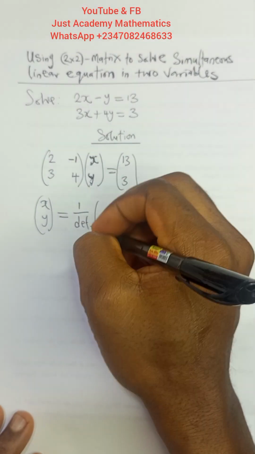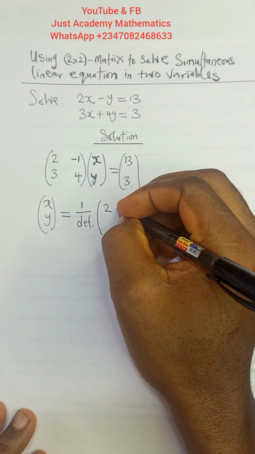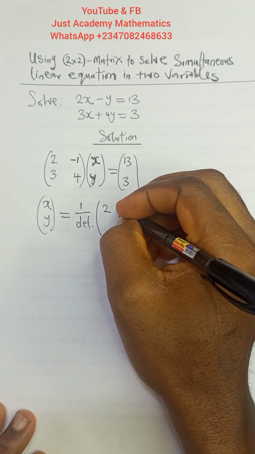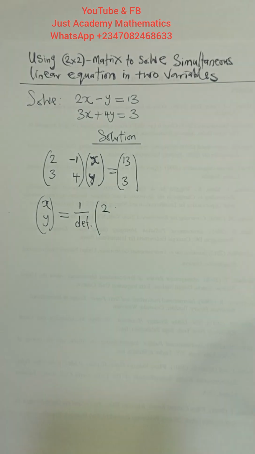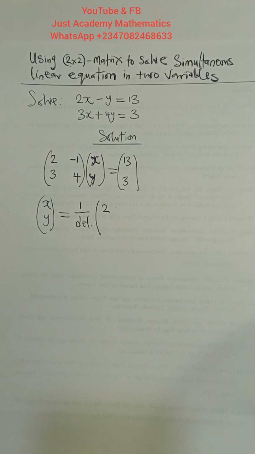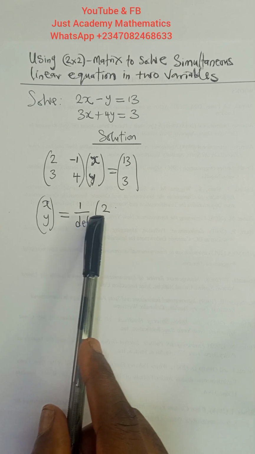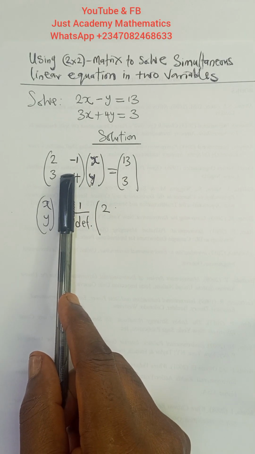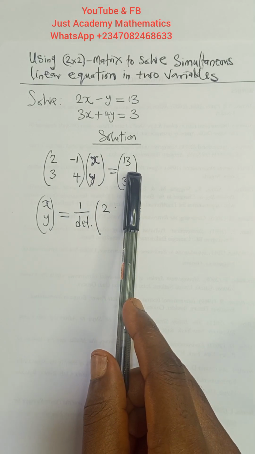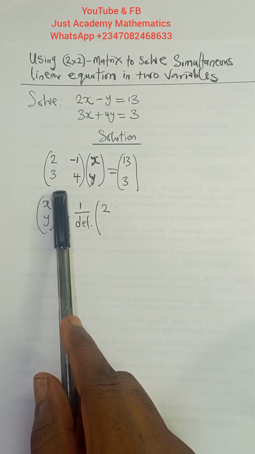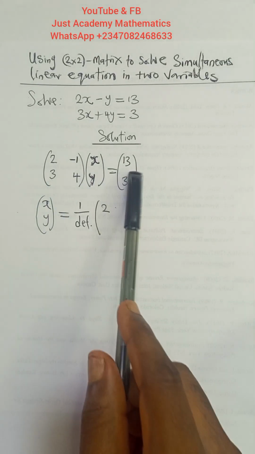I think what you need to know is that the procedure is actually simple. The procedure is 1 over the determinant of this times the inverse of this. Or rather, the inverse of this times this. Everything I'm explaining here is that the inverse of this one times this.